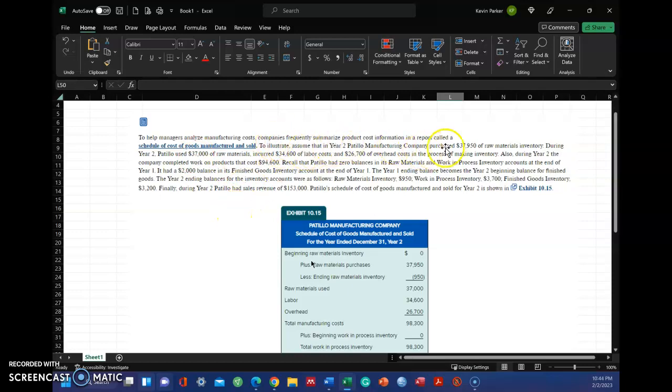So this company bought 37,950 of raw materials, purchased into raw materials inventory. They used 37,000 of raw materials, and they had labor costs of 34,600 and 26,700 of overhead, and the company completed work on product costs.